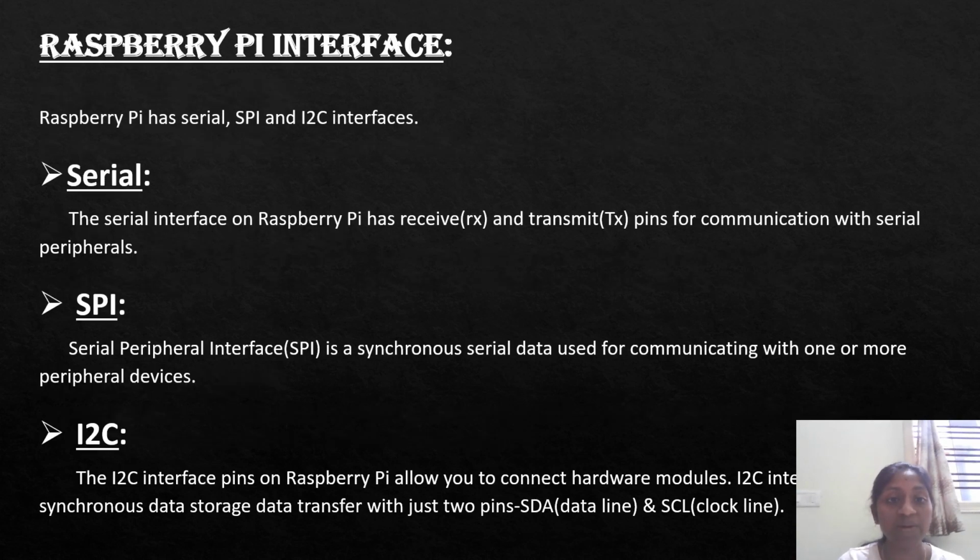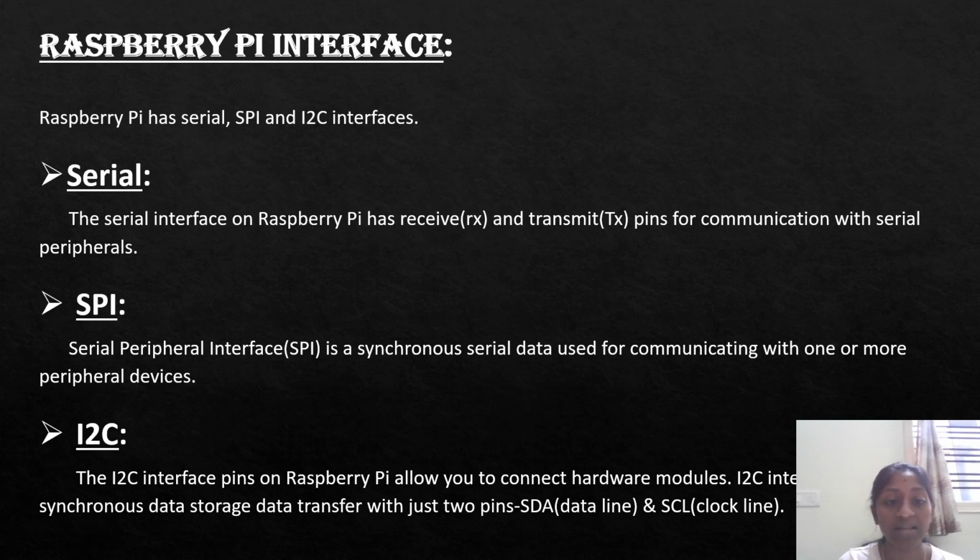Raspberry Pi interfaces. Raspberry Pi has serial, SPI and I2C interfaces. Serial. The serial interface on Raspberry Pi has receive and transmit pins for communication with serial peripherals. SPI.